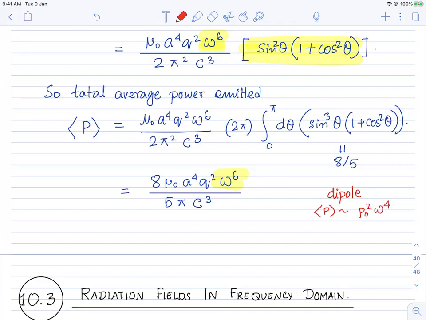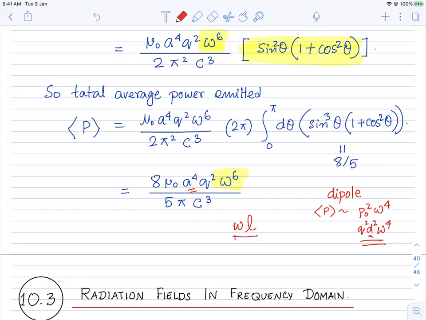And this P naught would be like Q square d square, where d is the dimension of the dipole, times omega to the 4. And of course, there are factors of c here. So this one is off by powers of omega. If you consider the typical length is L, then L is A here for the quadrupole, that is the sides of the square, and L is d for the dipole.